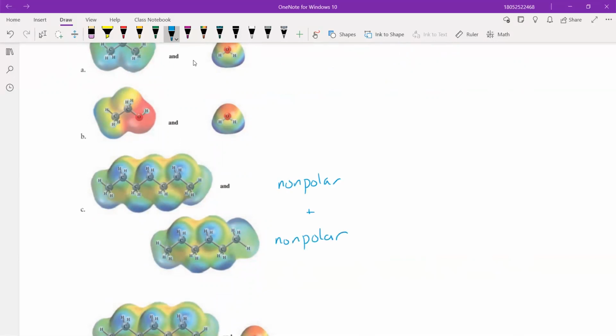So we get this scenario. Well, they both would have only LDF forces, or I guess LD forces. LDF would be London dispersion forces. So these are the same. So this is where you get an ideal solution.